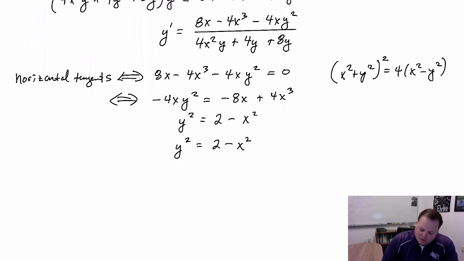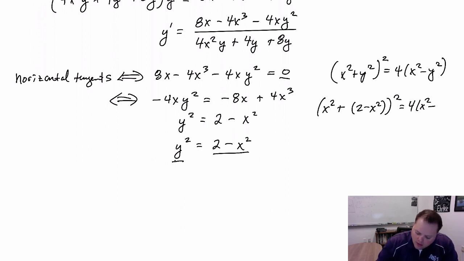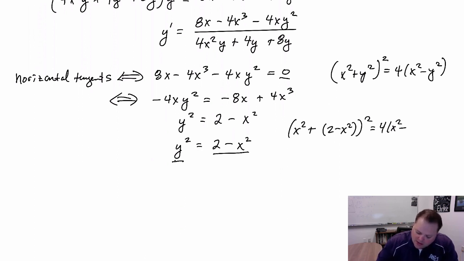And what you see is I could replace in this formula, y squared is equal to this when the slope is 0. So everywhere there's a y squared, I could replace it with 2 minus x squared in this formula.